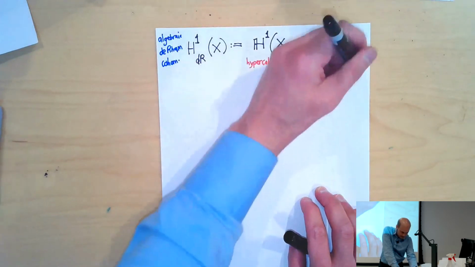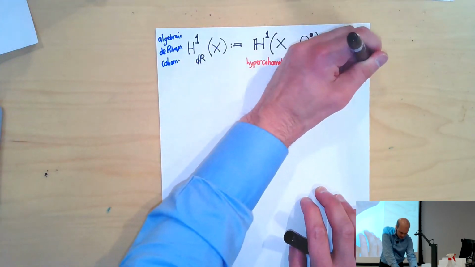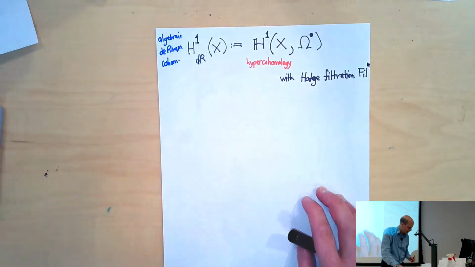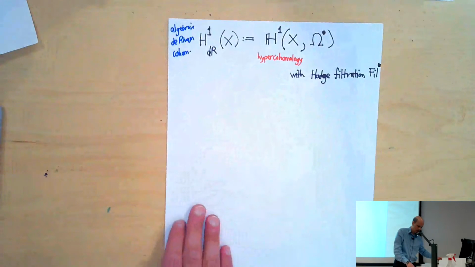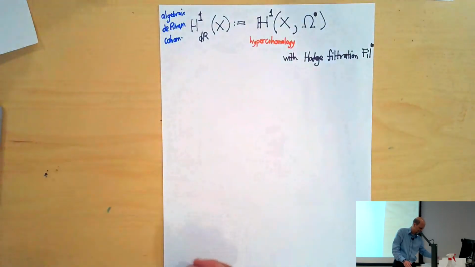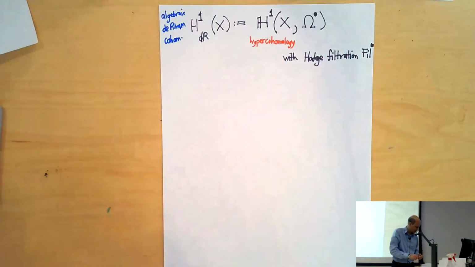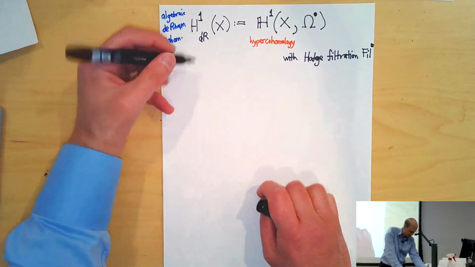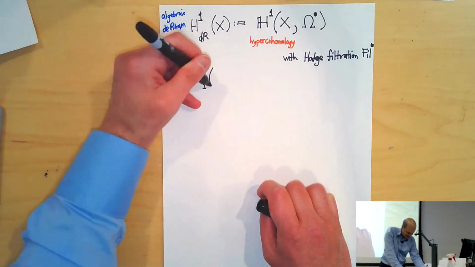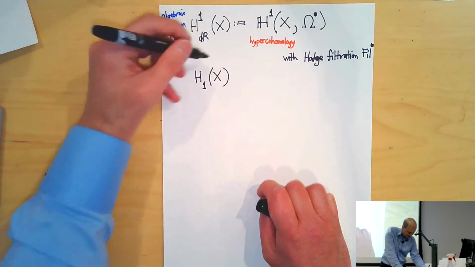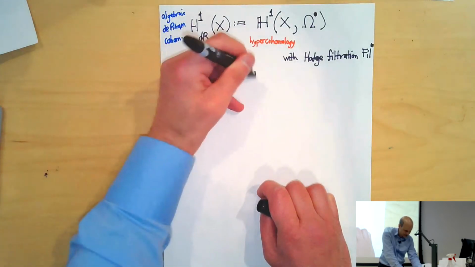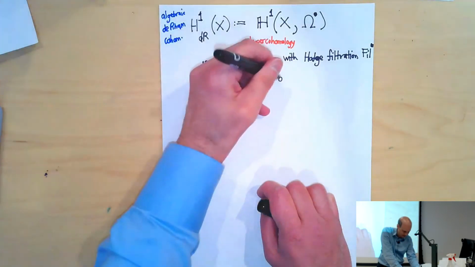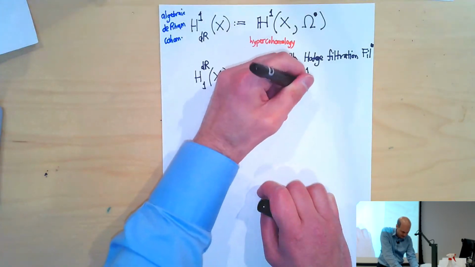So Hodge filtration, and then okay, so you get a filtered vector space, and then if you want, you can take duals of this to get a corresponding notion of homology, and well, you can guess what the notation for that's going to be, H_1, and you have to put the little de Rham somewhere, so I'll put it up there, and then that's just defined to be the dual vector space, so the dual of H^1 de Rham.